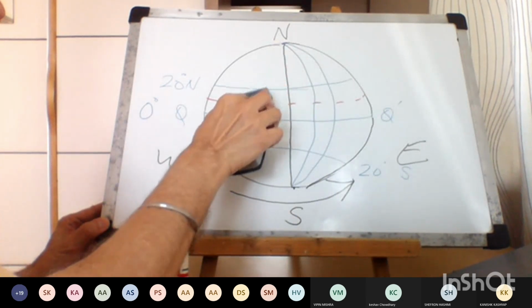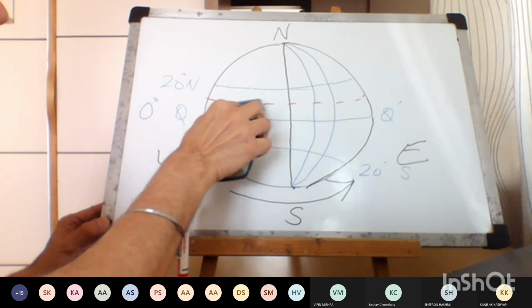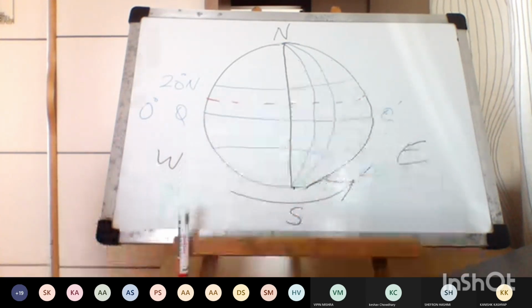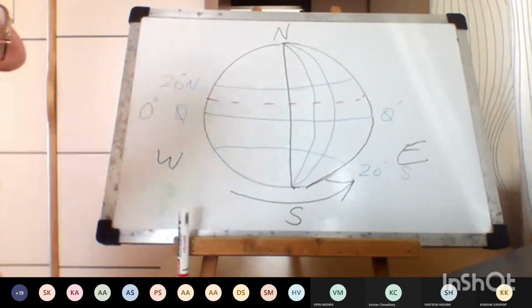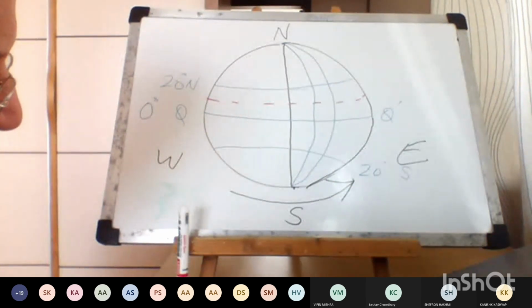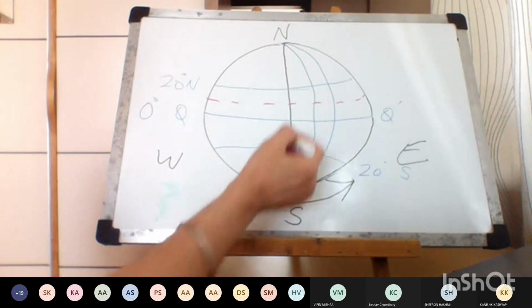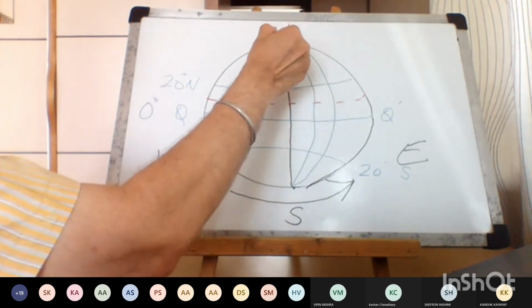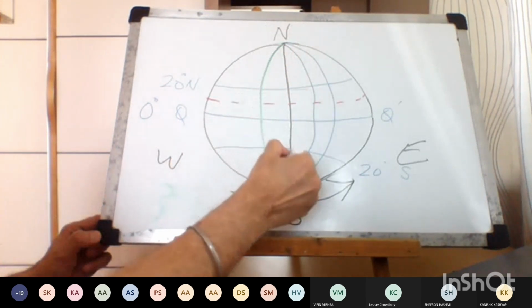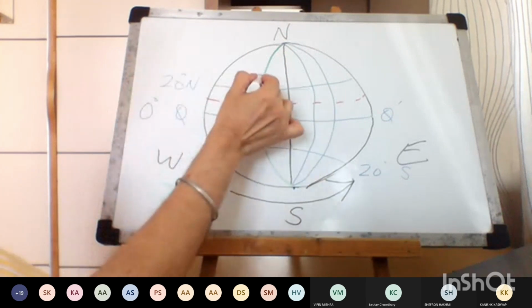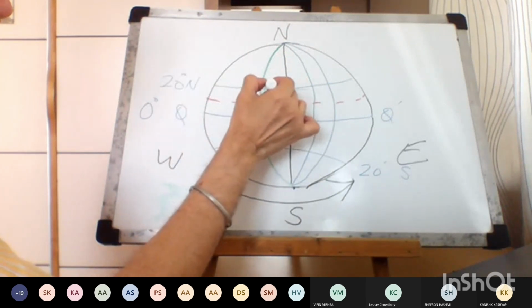Now, for the latitude, I already had a central reference point, the equator. I went either north or south of it. But for the other coordinate, the longitude, as a reference they made a meridian which passes through Greenwich.